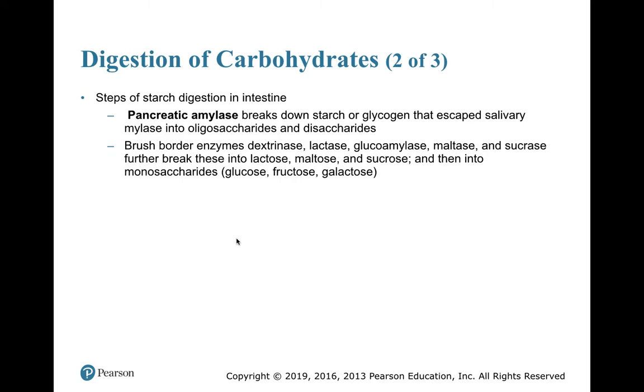Pancreatic amylase breaks down starch and glycogen that didn't get caught by the salivary amylase into oligosaccharides and disaccharides. Then brush border enzymes, dextrinase, lactase, glucoamylase, maltase, and sucrase, break down those into disaccharides such as lactose, maltose, and sucrose, and then other brush border enzymes break them down into monosaccharides.